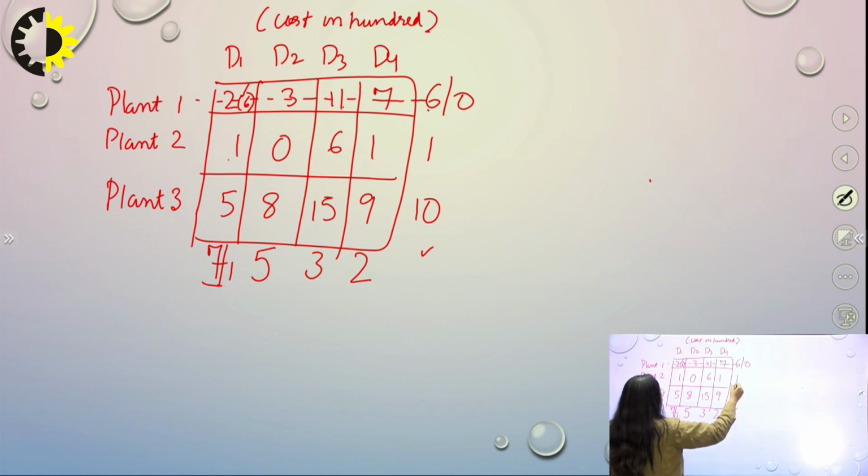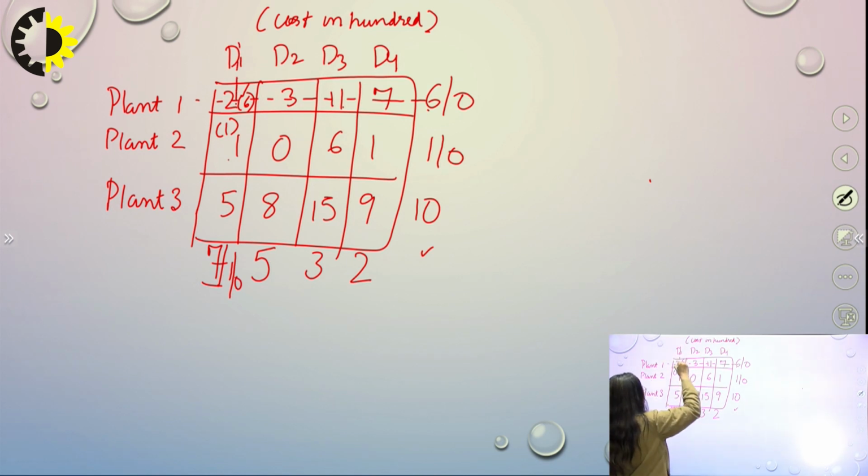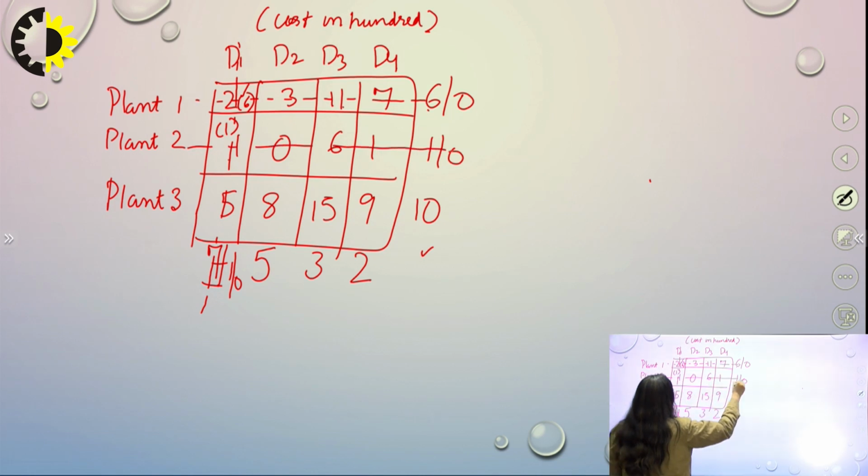So, 1 is the supply and 1 is the demand. So, we can give 1 over here, this is 0, and this also becomes 0. So, we will cross out this and this also. Now, the next northwest corner is 8.